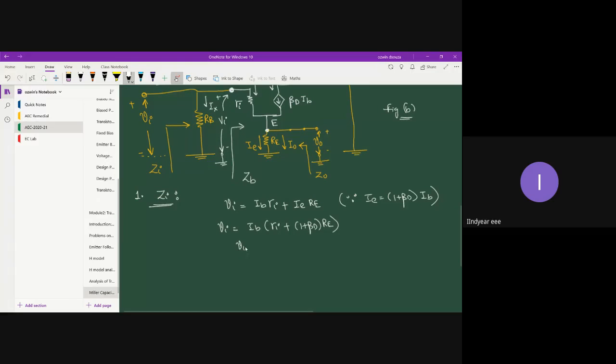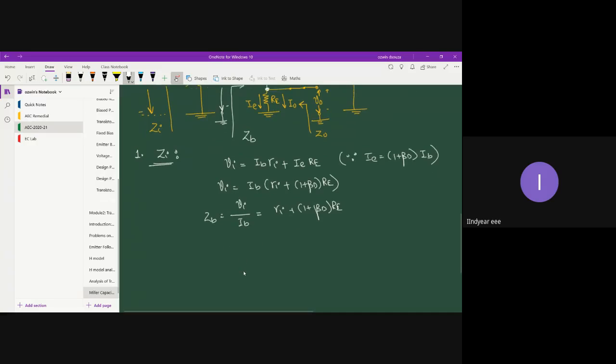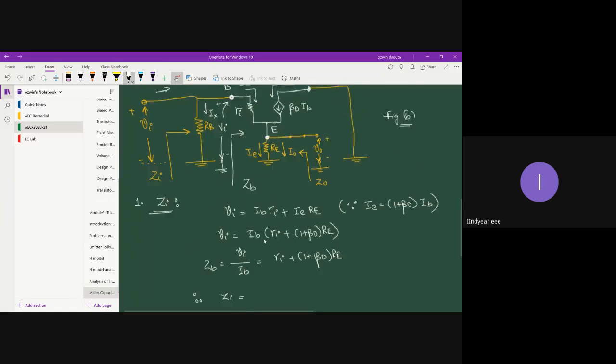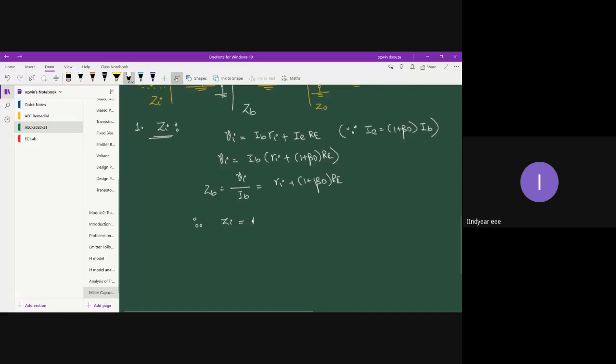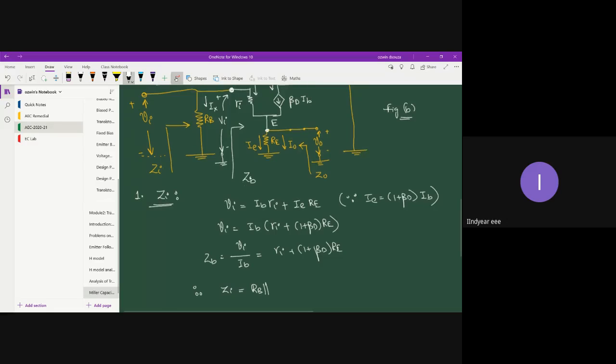Take the ratio Vi by IB, voltage by current ratio is impedance, and that impedance you will get as Ri plus 1 plus beta D times RE. So that's your ZB. Therefore, the input impedance Zi is equal to the base resistance RB, which is nothing but the biasing resistor, in parallel with ZB.